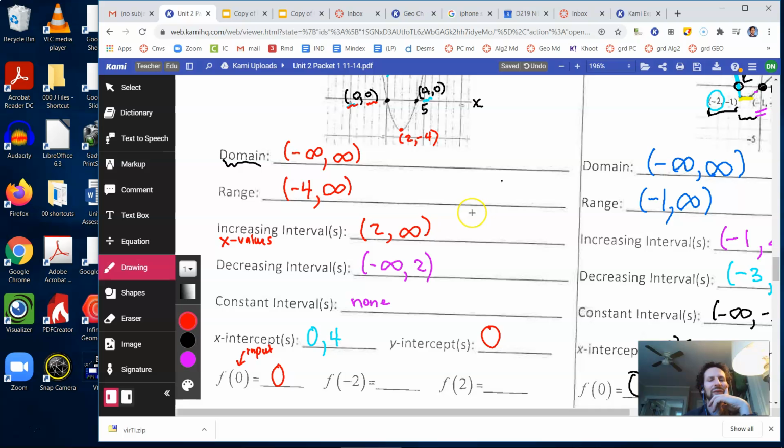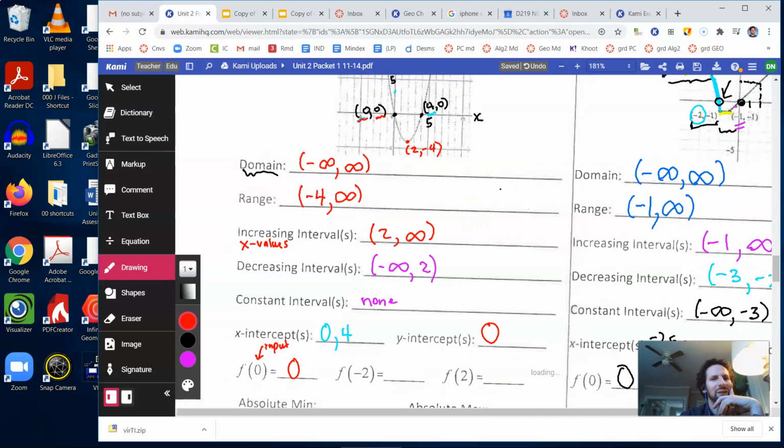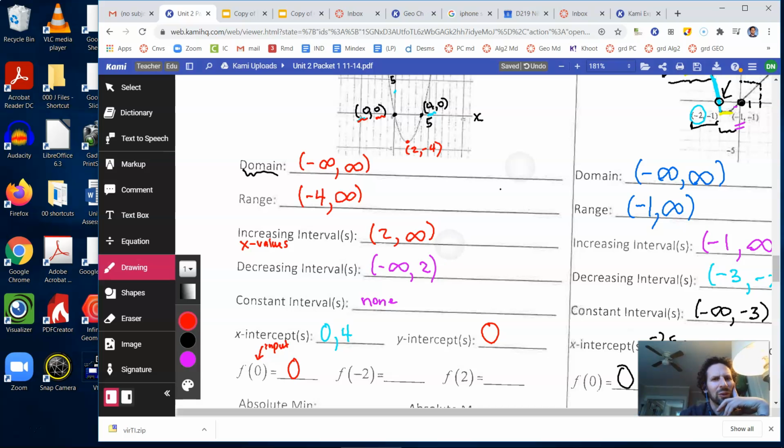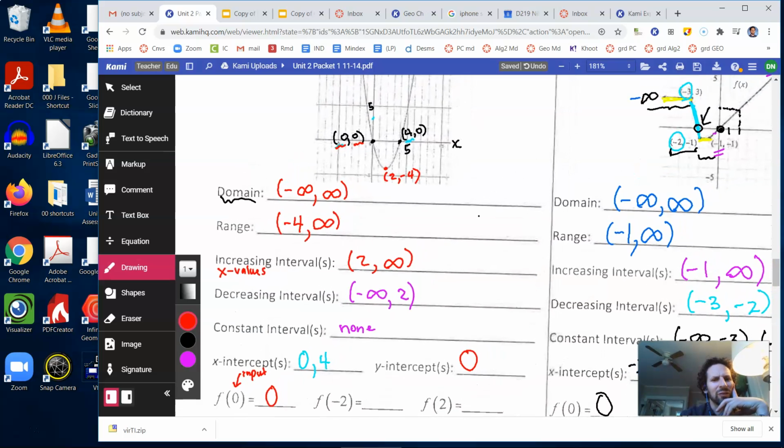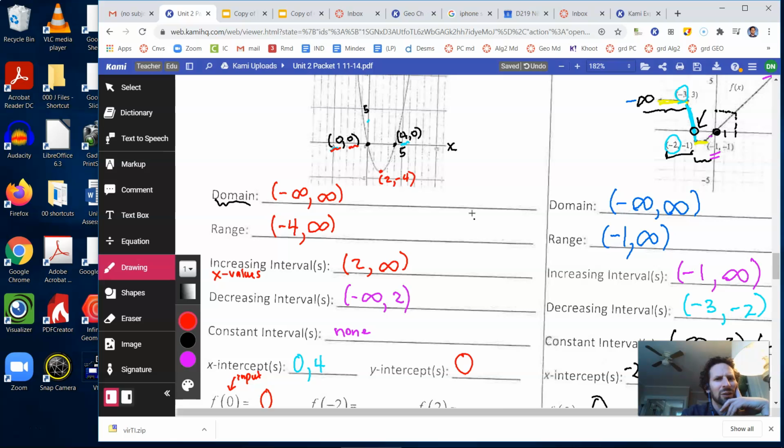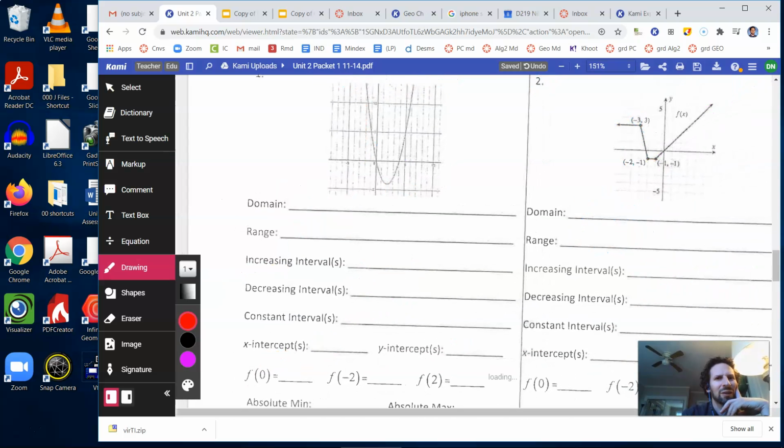At negative 2 right here, let's take a look. Let's erase some things so we can see what's happening carefully. Go 1 unit, 2 units. So if we go to negative 2 as the input, we've got to go way up to the graph.